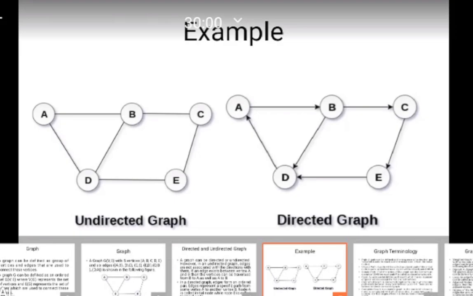This question is generally asked in many interviews, so you should know this calculation. A complete graph contains n into n minus 1 by 2 edges, where n is the number of nodes or vertices in the graph. Yes, ma'am.